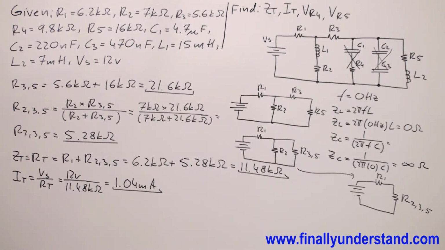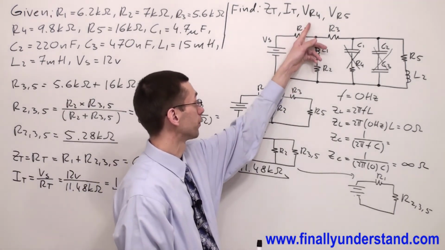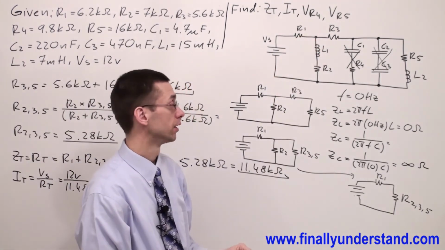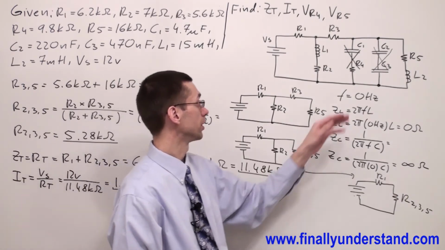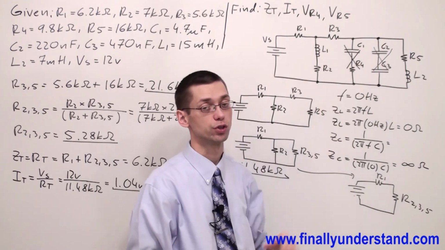Next, we're supposed to find the voltage across resistor R4. Please notice that resistor R4 is in series with the capacitor C1.